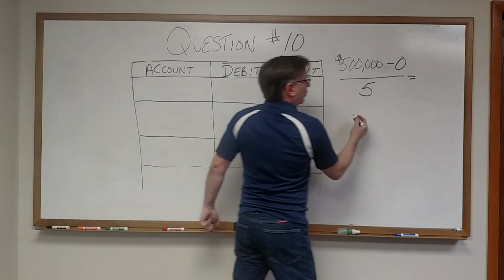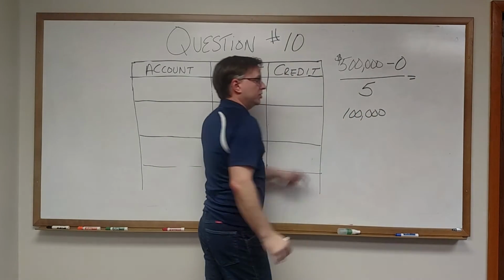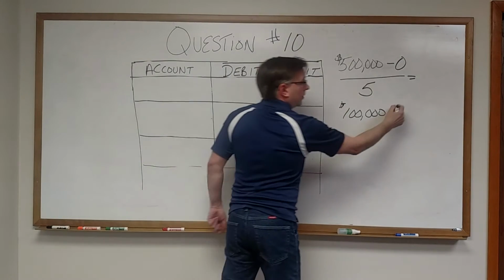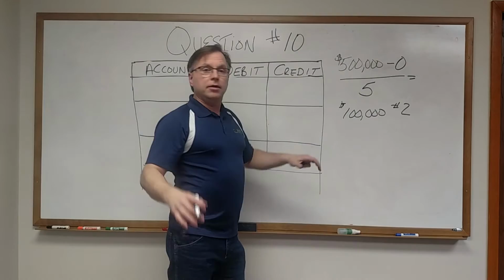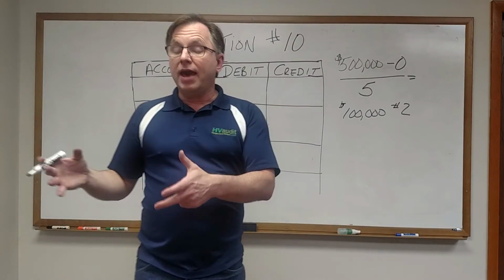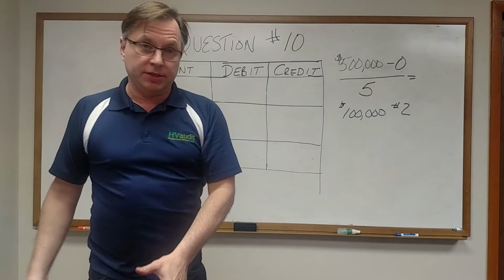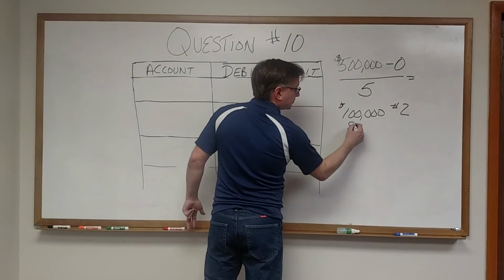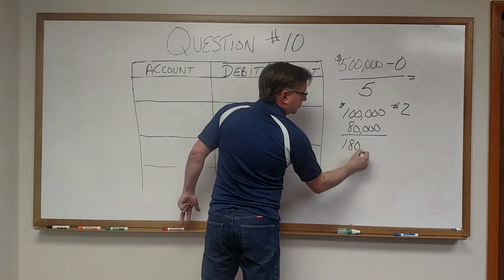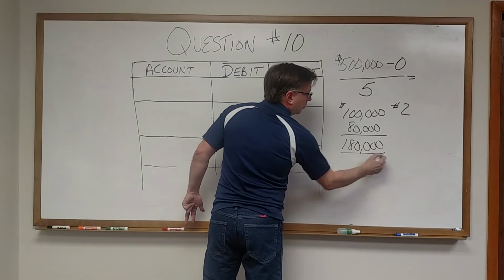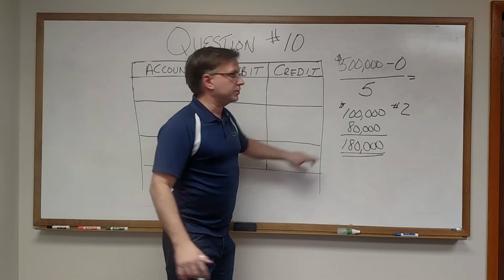So in this case, we've got to record $100,000 worth of depreciation for that equipment that we purchased in question number 2. But we also see that we have $80,000 worth of depreciation from all the old equipment too that we've got to add to that. So the total amount of depreciation we're going to record for this year is $180,000.